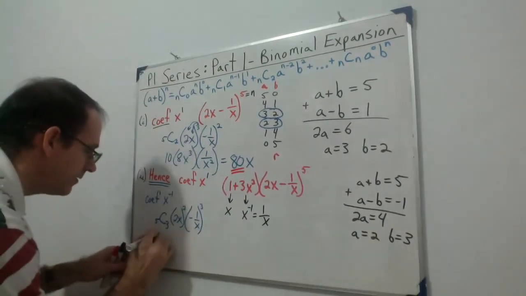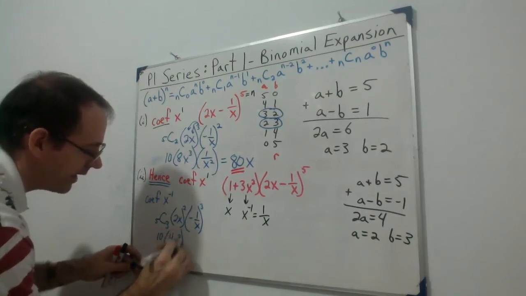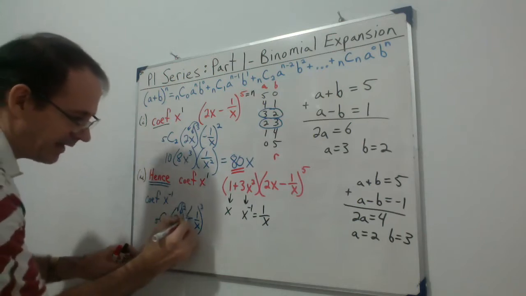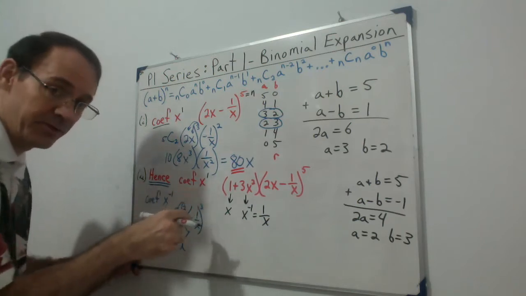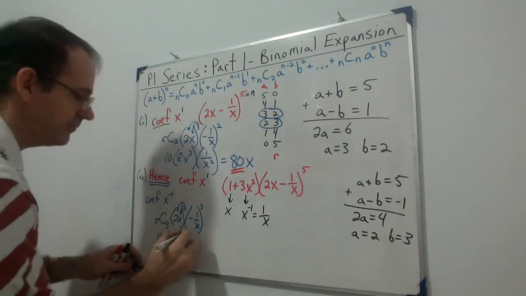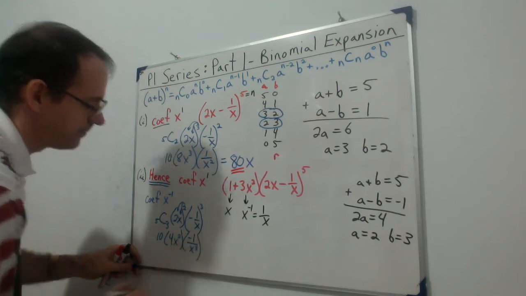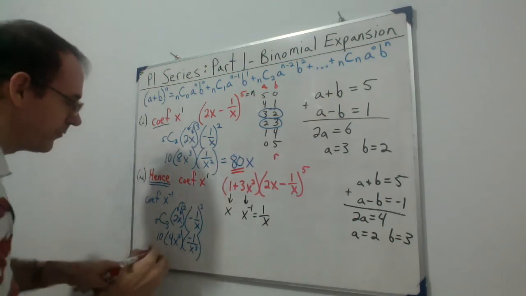So we get 10 times 2 squared, which is 4. So that's 4x squared. Don't forget, again, to distribute. And then a negative 1 cubed is now negative 1, because 3 negatives is still negative. Negative 1 over x cubed. And 4 times 10 is 40.